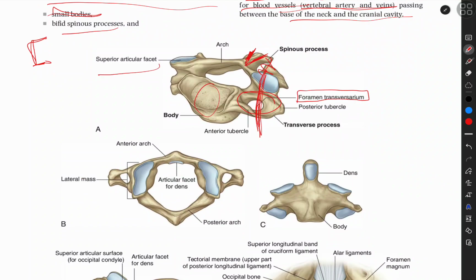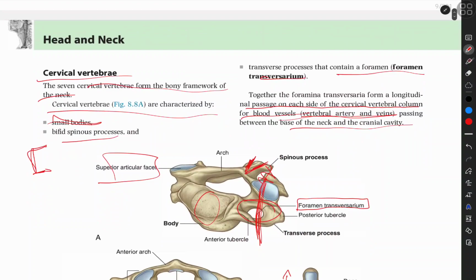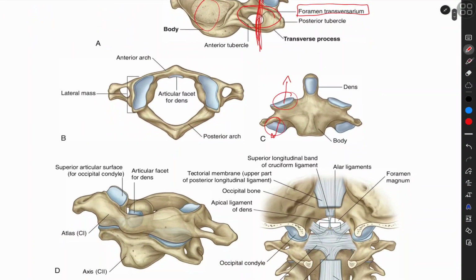Each bone has a superior articular facet and an inferior articular facet. Superior articulates with the one above, the good word is articulate.